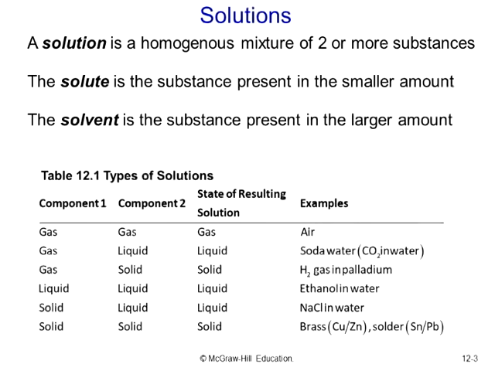Whatever component 2 is, which is typically the solvent, that is the dominant phase, which gives you the state of the resulting solution. So be aware that the dominant phase is how the solution is defined.